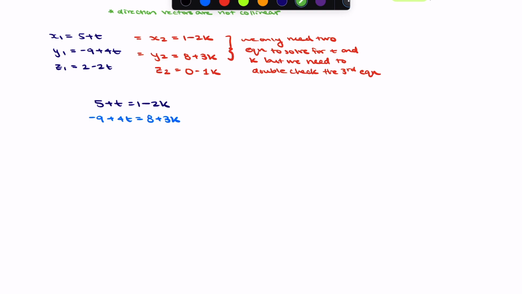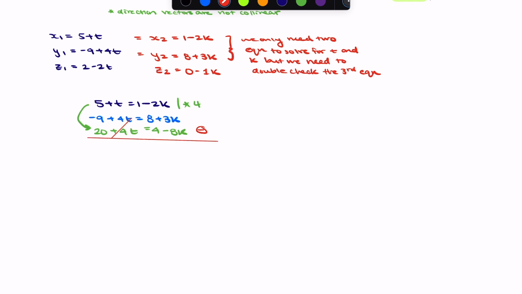Here we're going to take our first equation and multiply that by 4. So if we write that, we get 20 plus 4t is equal to 4 minus 8k. And here we will subtract our two equations.